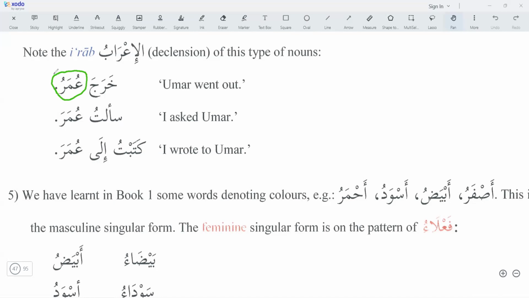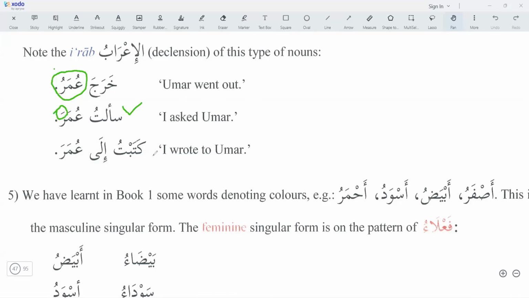When it is in the nominative case, Umaru takes the dhamma. Sa'altu Umara. When it is mansoob, it takes the fatha.